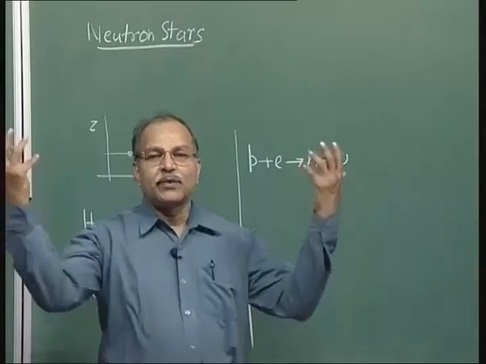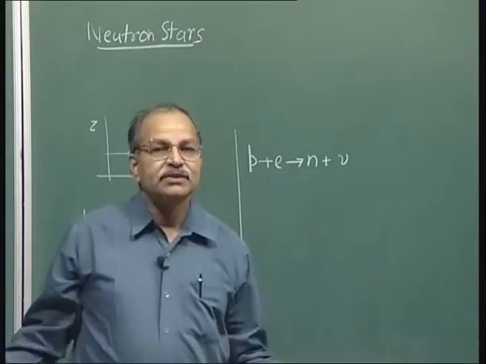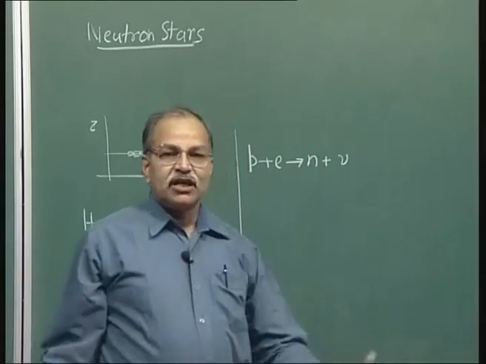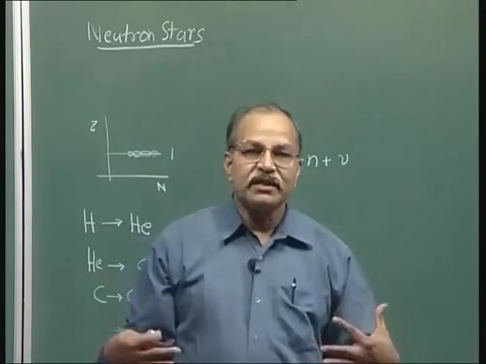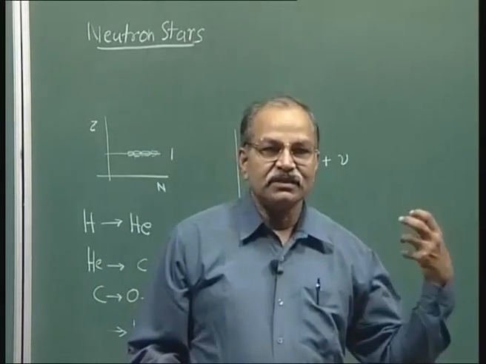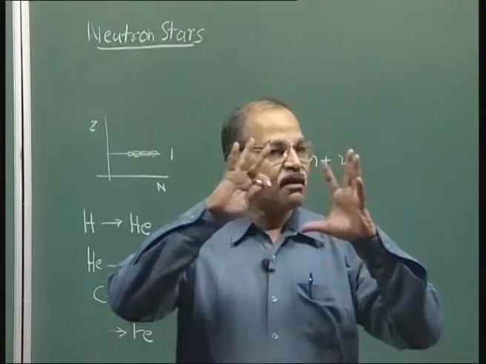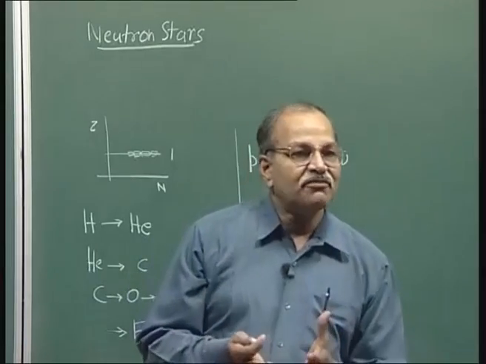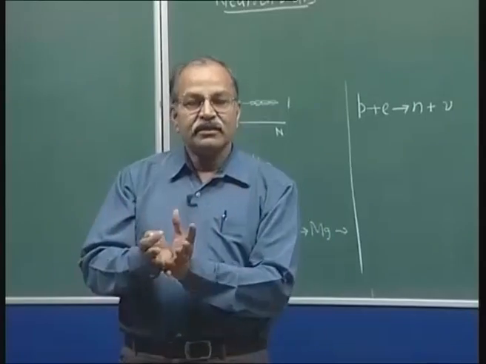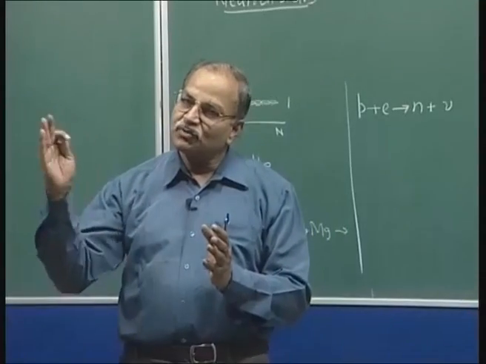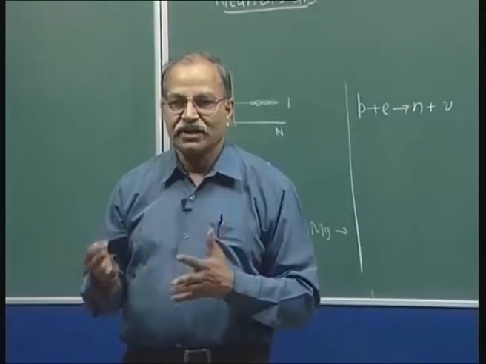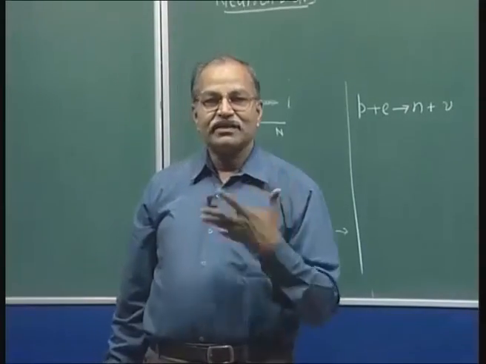The neutrinos very quickly go out of this star, and what you will have is only this neutron. So, if most of the protons are converted into neutrons by combining with electrons, then you have a star made mostly of neutron. So, almost the entire star, barring some small surface layer, is made of neutrons, neutrons only. Of course, there are very interesting properties.